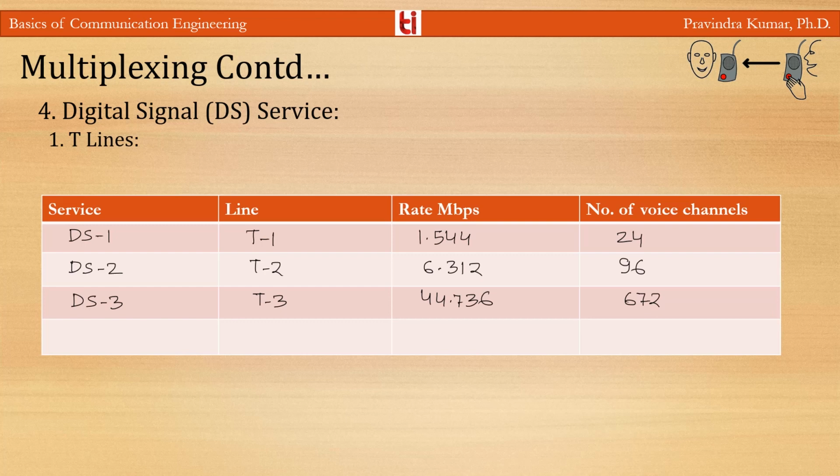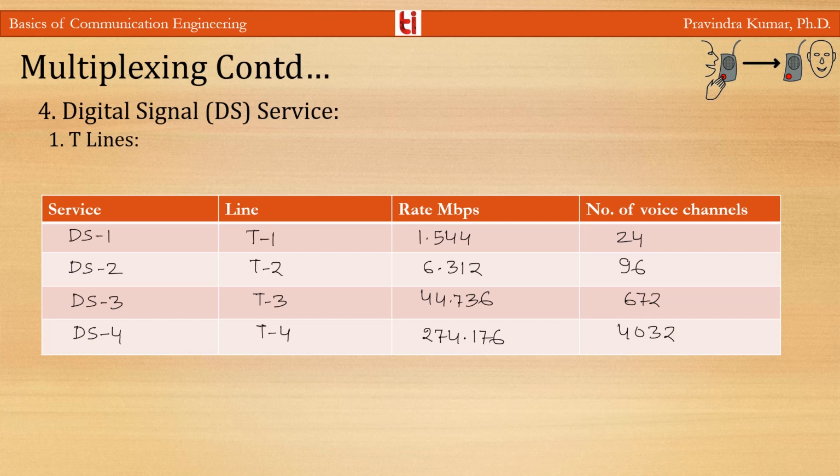And DS2 service is implemented using the T2 line, and the bitrate is 6.312, and the number of voice channels is 96. And DS3 service can be implemented using line T3, and the rate in Mbps is 44.736, and the number of voice channels is 672.